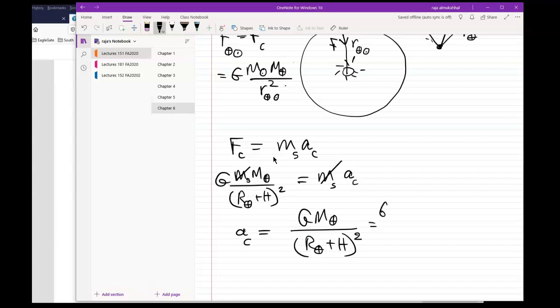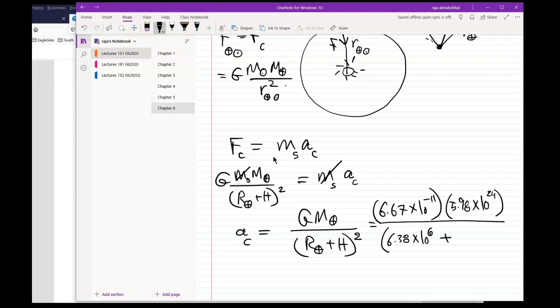So that's going to be 6.67 times 10 to the negative 11, times the mass of the Earth, which is given to me, 5.98 times 10 to the 24, from the problem, divided by the distance. The radius of the Earth, as you know, is 6.38 times 10 to the 6, plus the height.